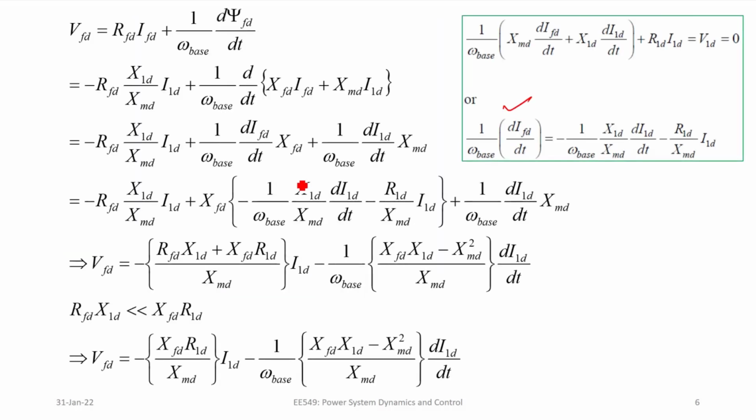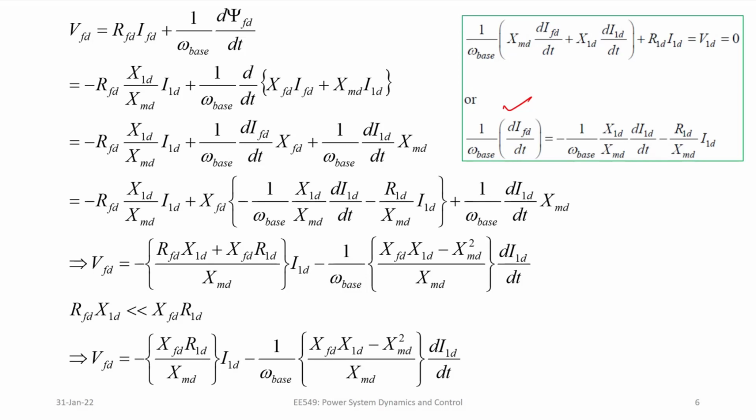Now we'll write the VFD equation. We want to express VFD, because the voltage is applied in the field winding and V1D is 0 in the damper winding, in terms of I1D.